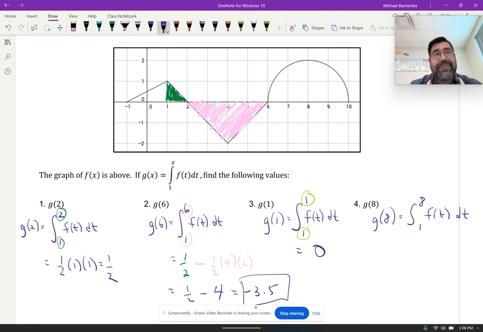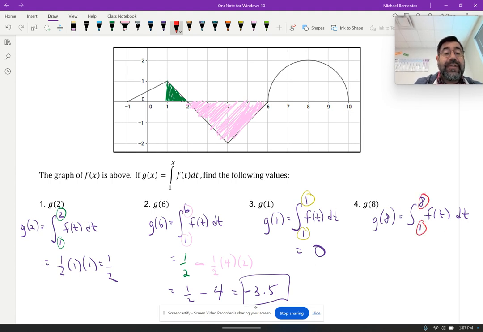It could be f of y, it could be f of z, it could be f of m. It's any number because the real variable of the function g is x. But because f of t and f of x use the same function f, it really doesn't matter which variable you use, right? But from 1 to 8.